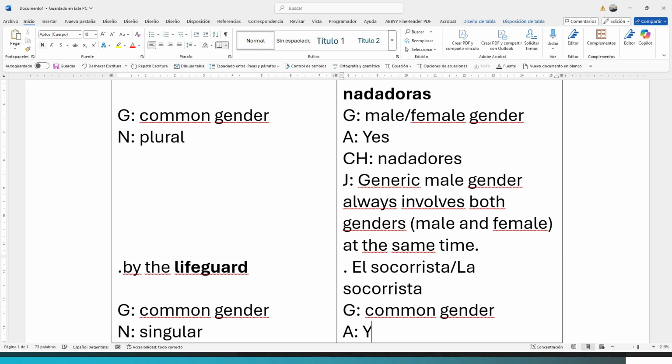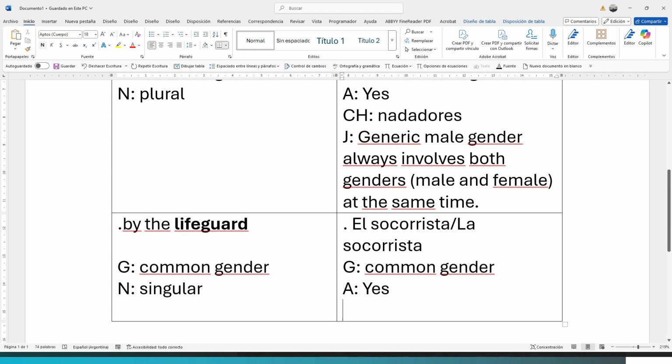Ambiguity, of course, yes. Which one of the two would you choose in this case? This is a clear example very similar to the one analyzed in example number 2. Remember, la secretaria, the secretary, and the lorry driver, el camionero. In this case, also, we are going to decide in favor of the male gendered noun, el socorrista.